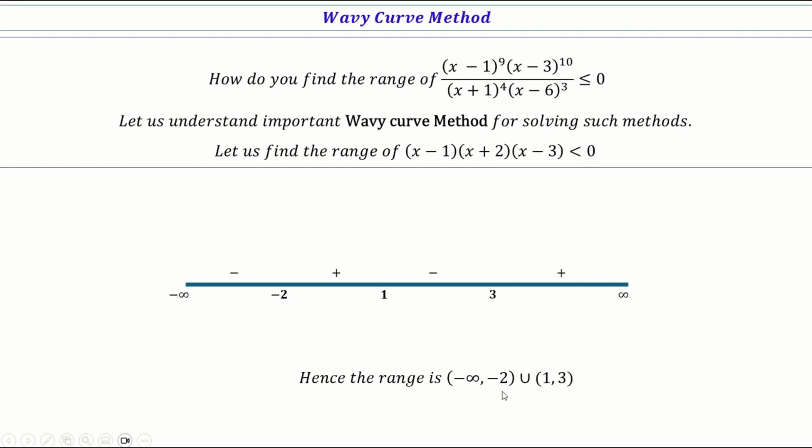So minus 2 is not part of this solution, which means union with (1, 3). Here again 1 and 3 are not solutions, but anything between 1 and 3 is a solution. It can be any real number between 1 and 3. This is how we normally write the range of a given inequality, or the solution set of a given inequality.